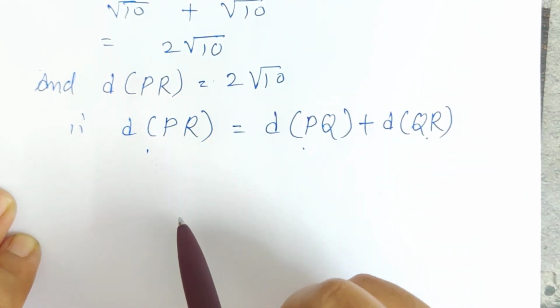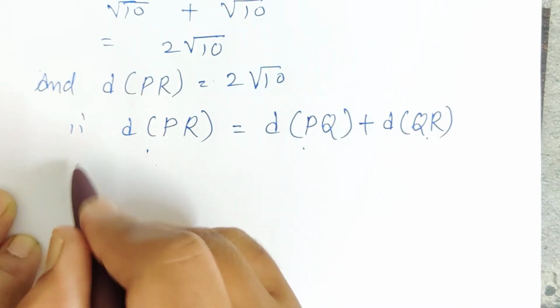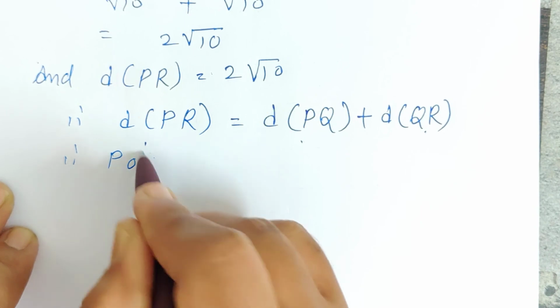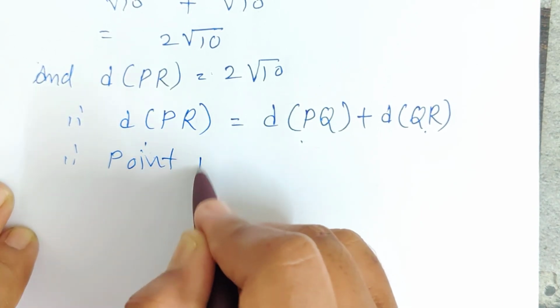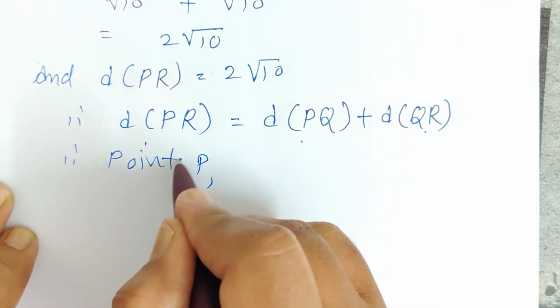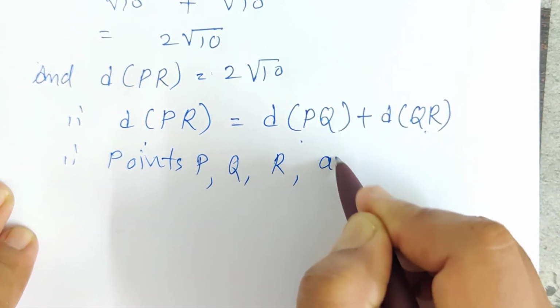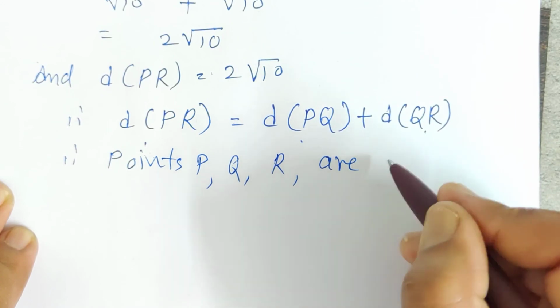So you can say these 3 points are collinear, and so you can say points P, Q and R are collinear.